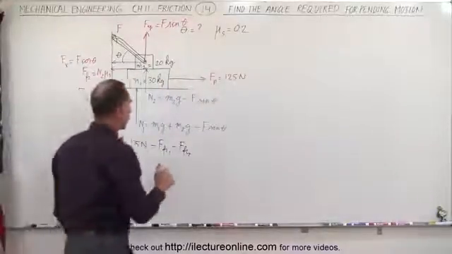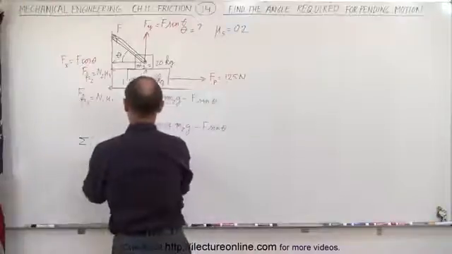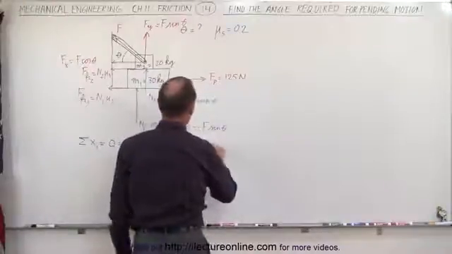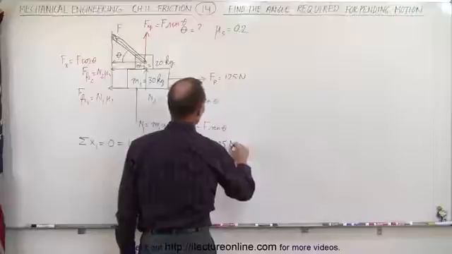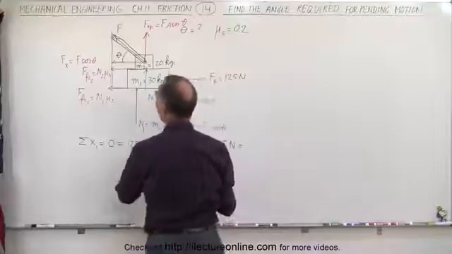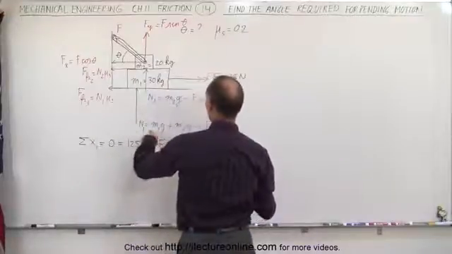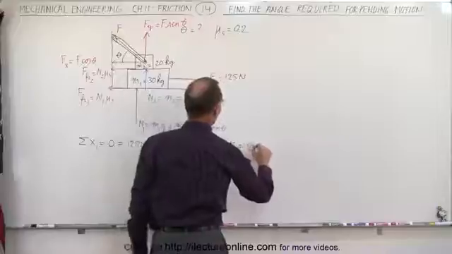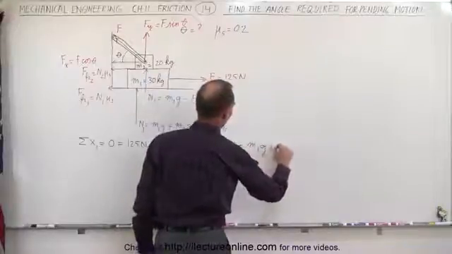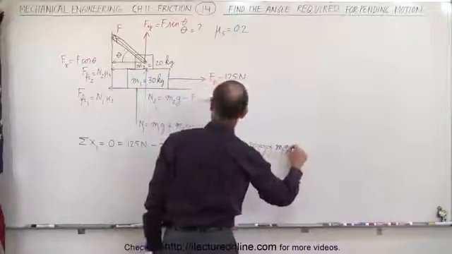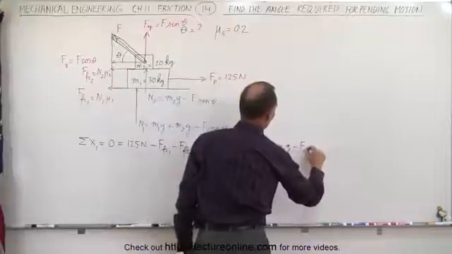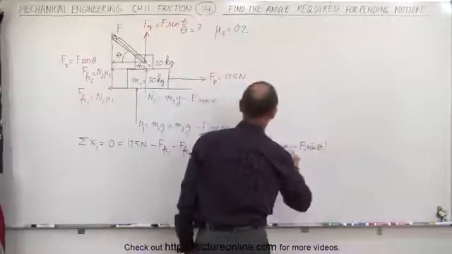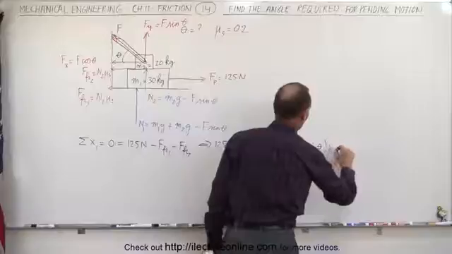Plugging in what those are equal to, we can put 125 on the other side. So 125 newtons is equal to friction force 1, which is N1 times mu sub s. That would be M1g plus M2g minus F sine of theta, the whole thing multiplied times mu sub s.